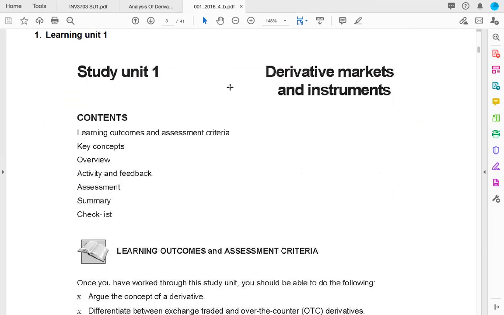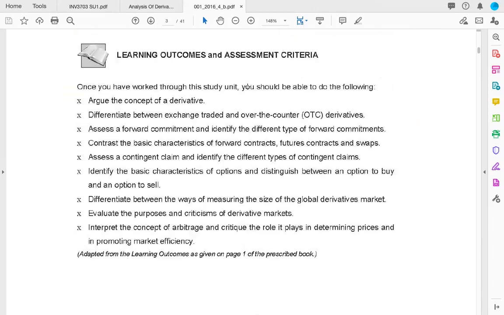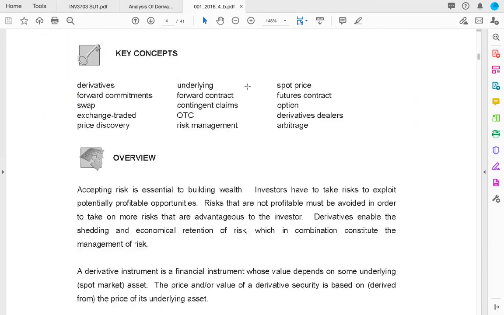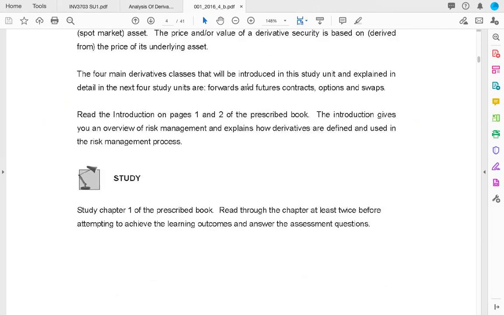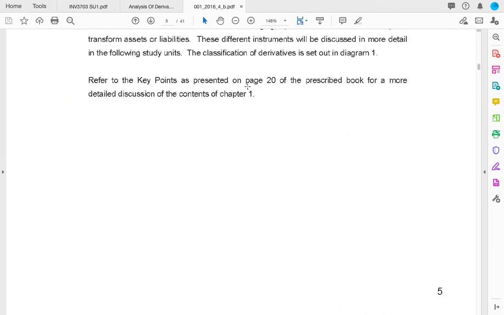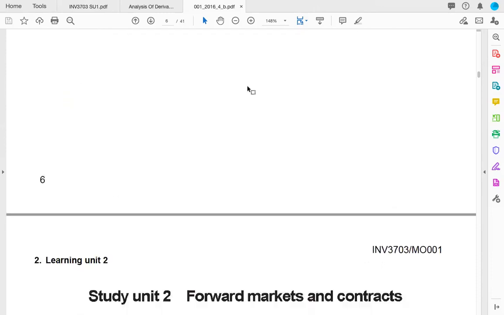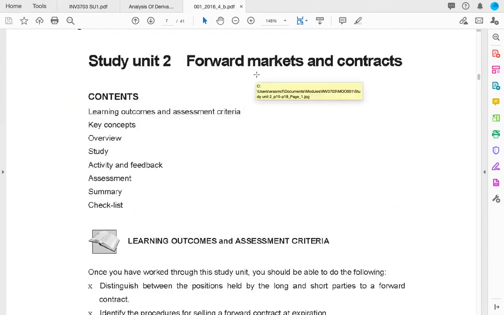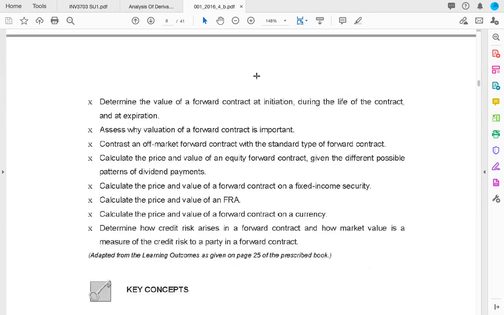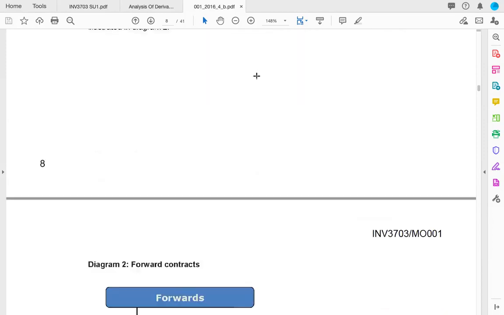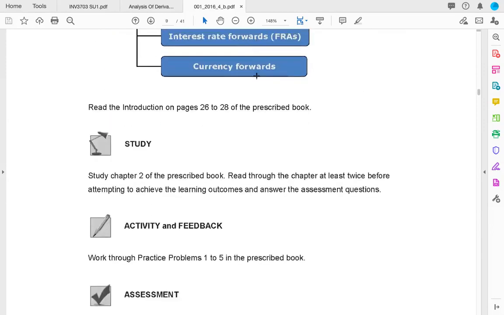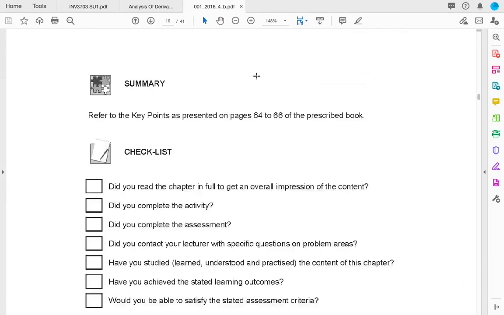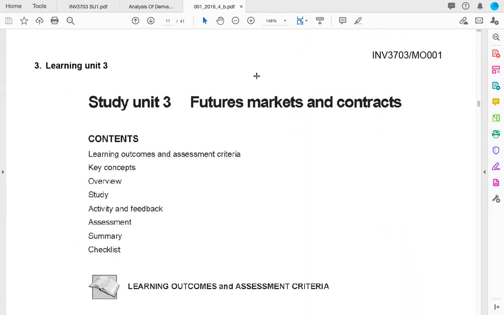So study unit 1 is called Derivatives and Instruments. It's just an introduction to derivatives. Study unit 2 is titled Forward Markets and Contracts. A forward contract is a special type of derivative, and in this video I'm going to introduce you to the different types of derivatives.